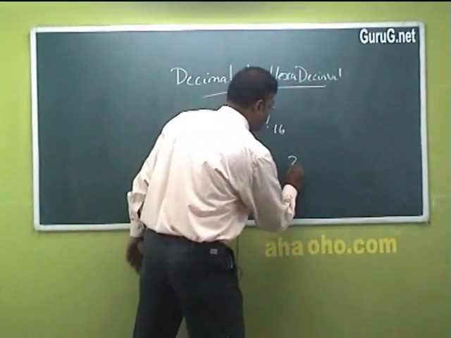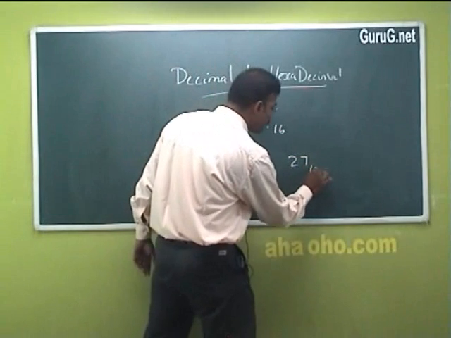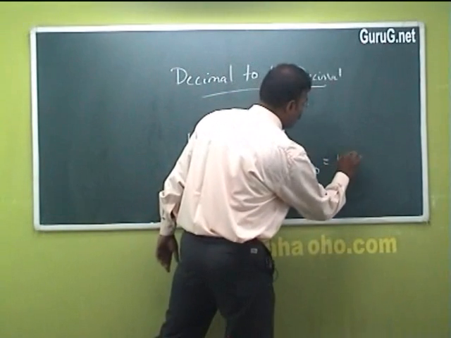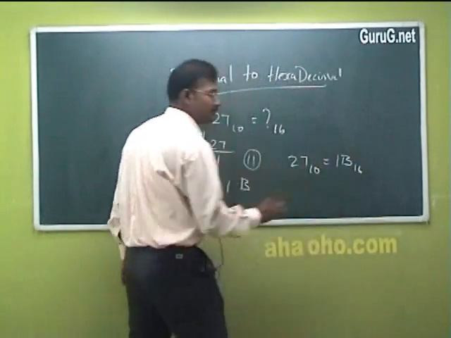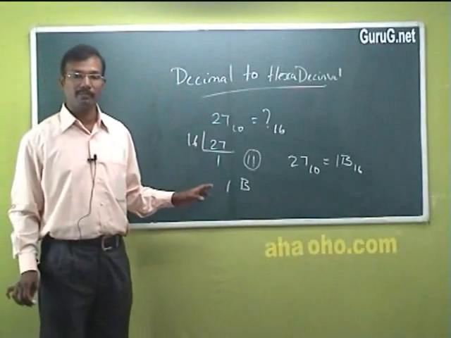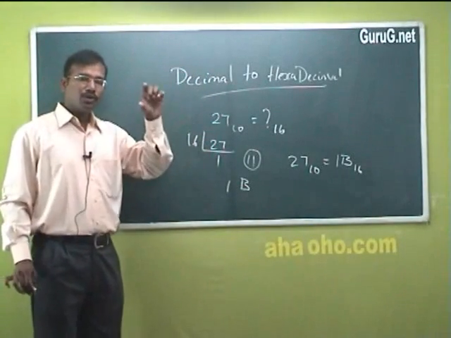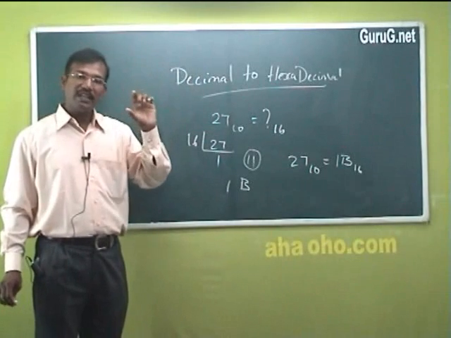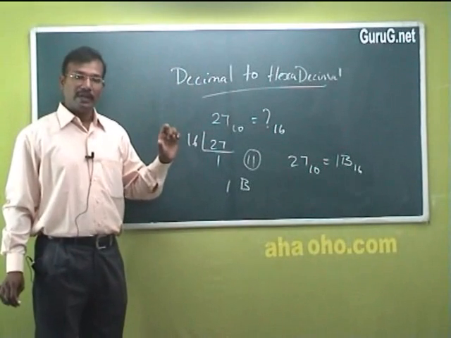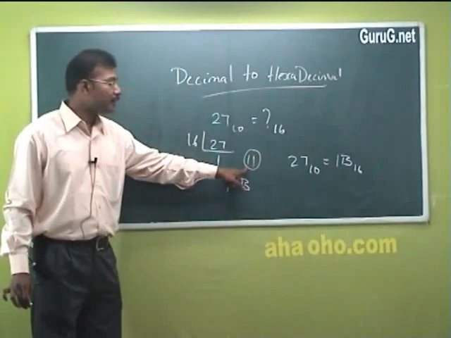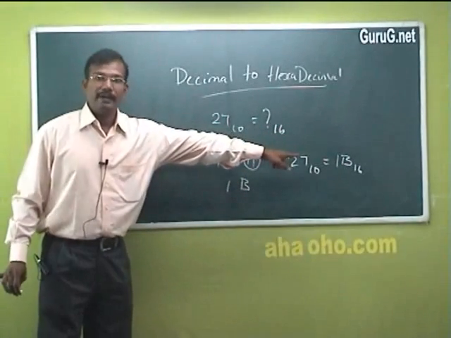You can write 27 base 10 is equal to 1B base 16. So this is how you need to perform the operations. You need to know all the digits and their decimal equivalents, and replace the value with the equivalent.